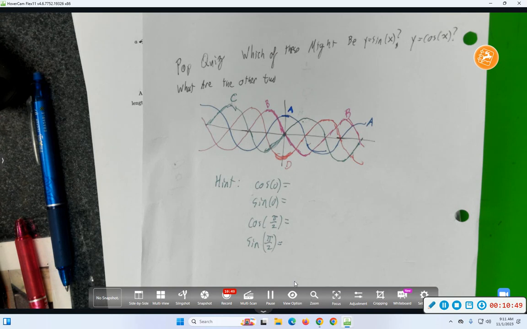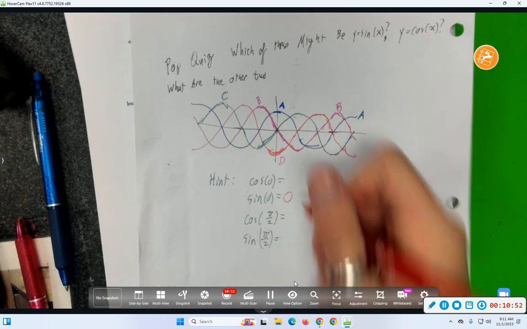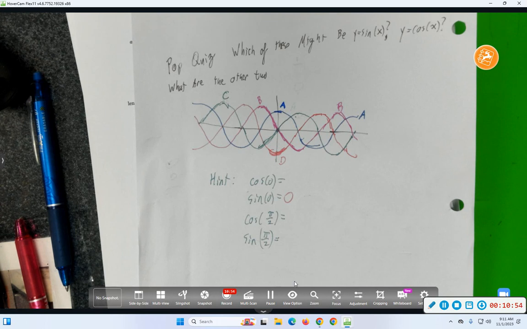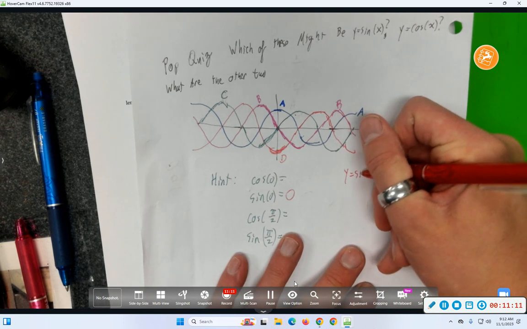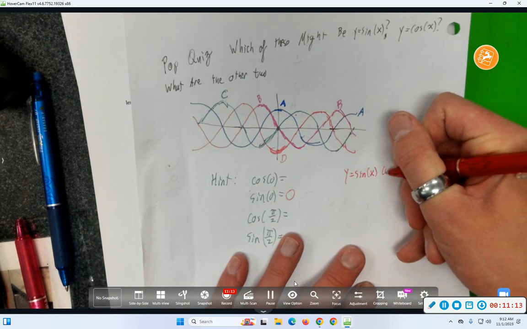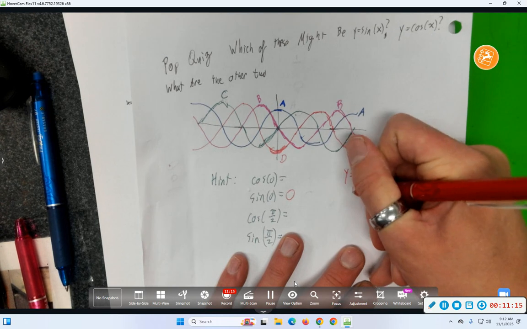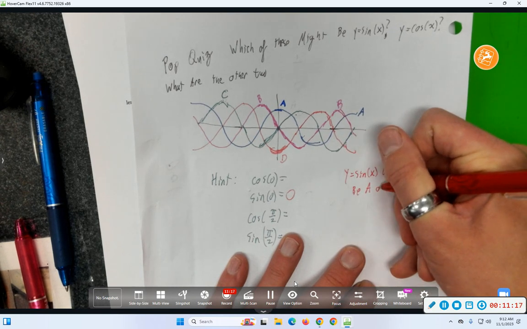Sine is the y coordinate. So sine of 0 has to be 0. So the graph of sine of x must pass through the point (0, 0). Which ones can I eliminate from contention for being sine of x? A and D? Yeah. Y equals sine of x cannot be A or D.